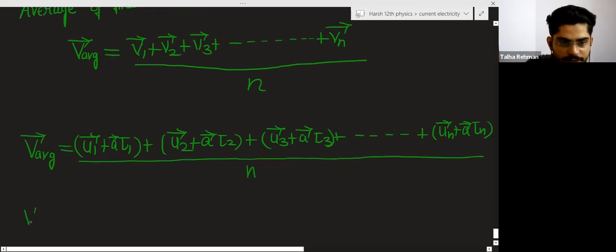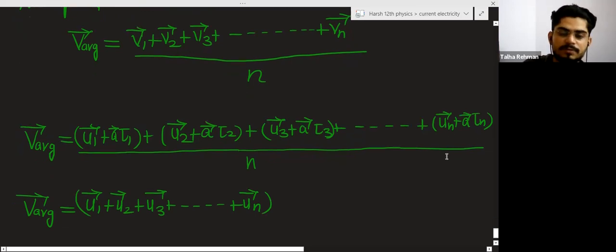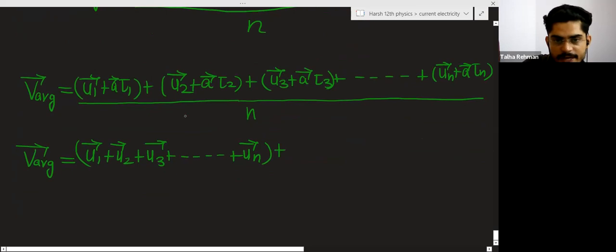So from here you can write V average is equal to U1 plus U2 plus U3 up to Un, and here you have A tau 1 plus A tau 2 plus A tau 3.